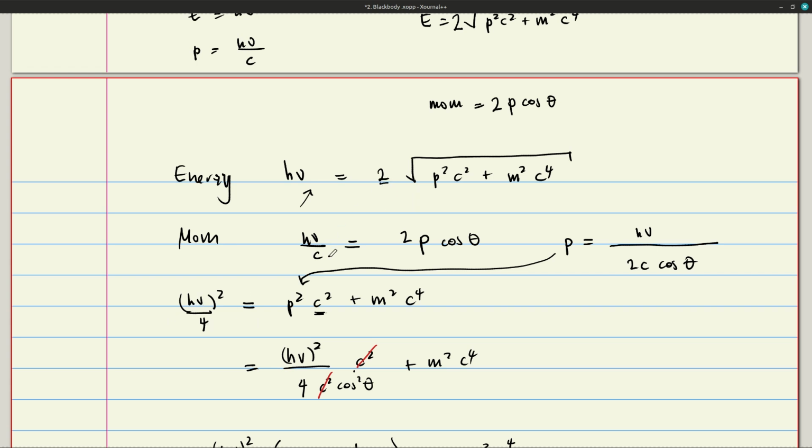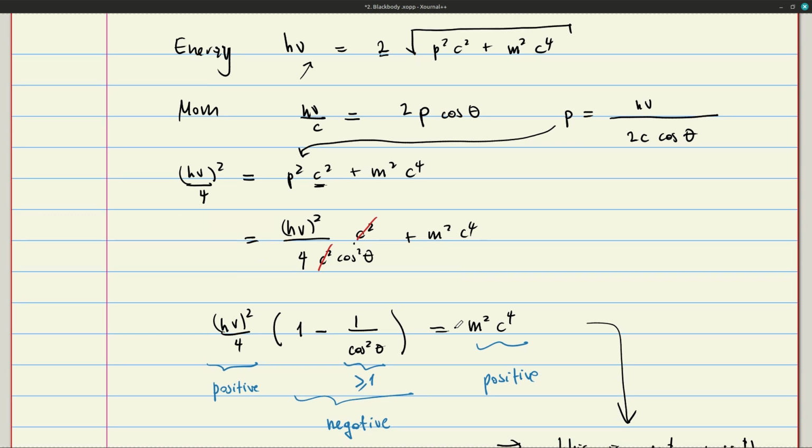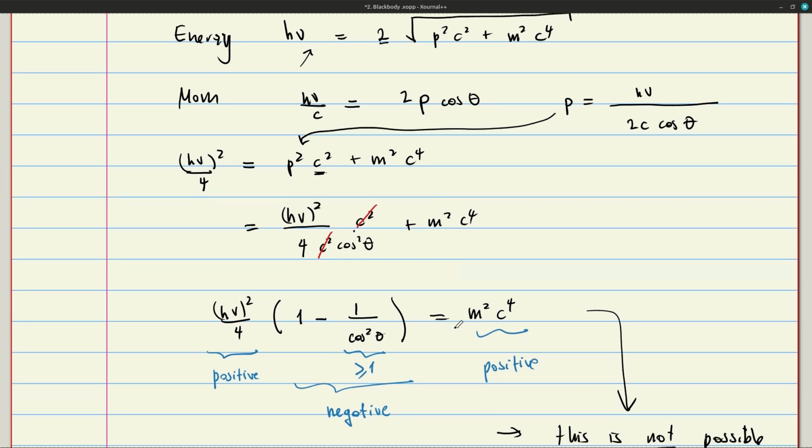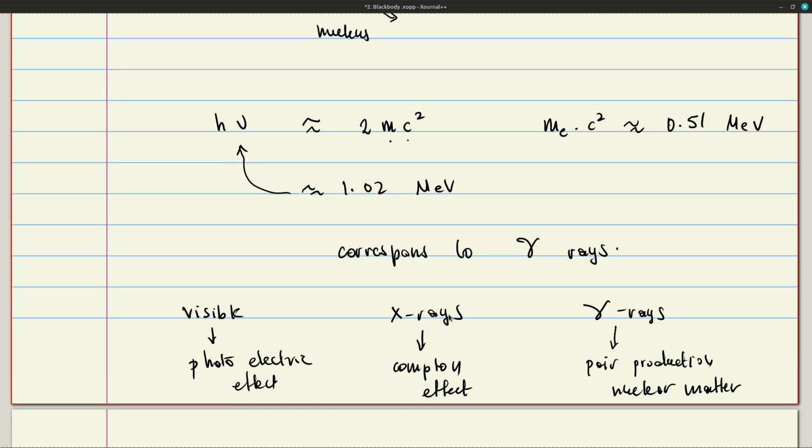This 4 came here. There's p squared c squared, m squared c to the 4th. And I had to eliminate p squared here using the second equation. Yeah, I understood this. But in the gamma ray section, we only used mc squared, h nu equal to mc squared. Oh, this is an estimate, right? I am still estimating exactly the same process, right?